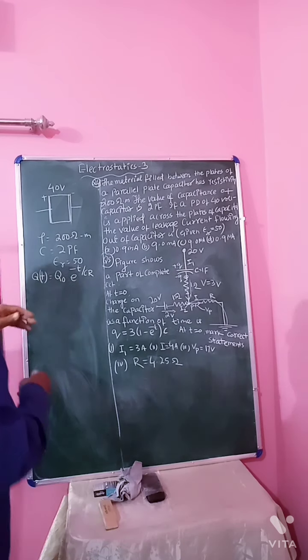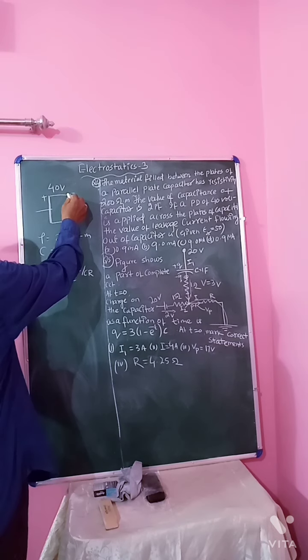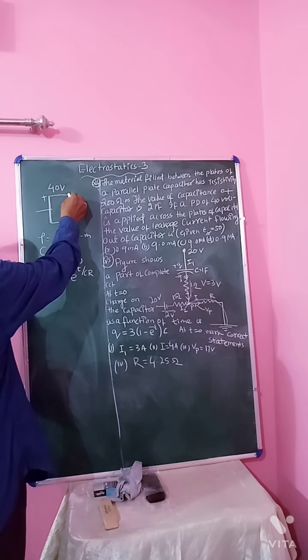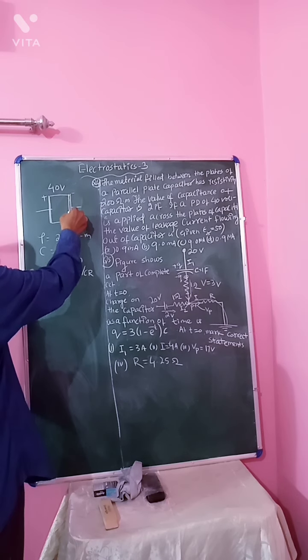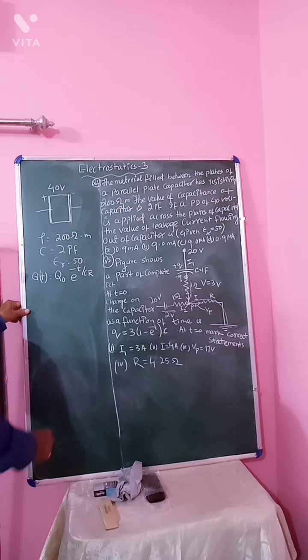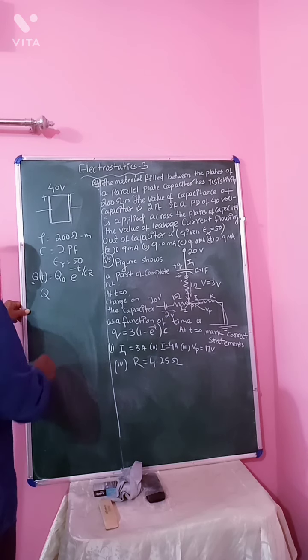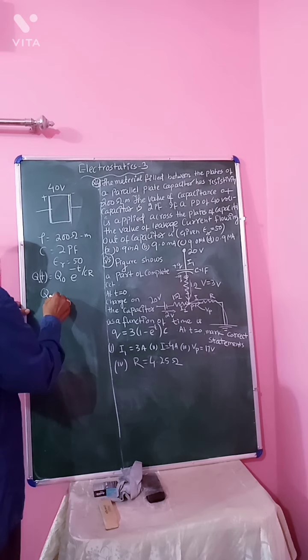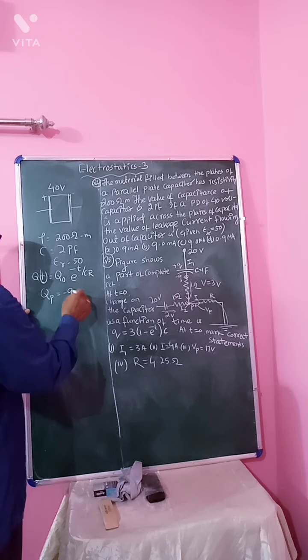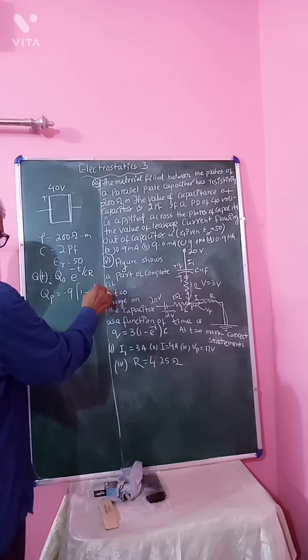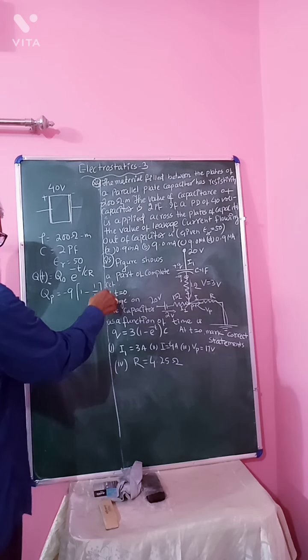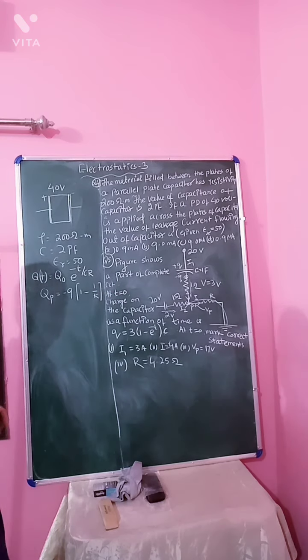Now, as the charge changes, because of the polarization, the surface charges also change on the surface of the dielectric. And as we know that polarized charge or induced charge, say Qp, equal to minus Q into 1 minus 1 by K. K is dielectric constant or epsilon r.